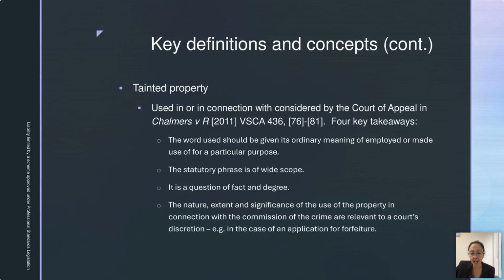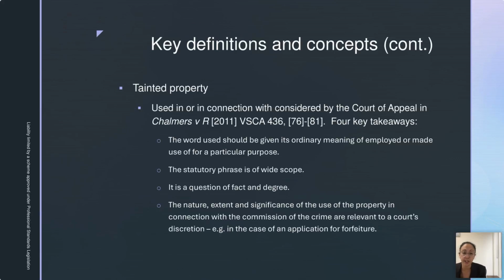In that case of Chalmers, the Court of Appeal talked about the use of a property to discuss a criminal enterprise, a meeting between people at a home, and then the carrying out of that enterprise later, whether or not that attracts the tainted property, and then the use of the property, a beam in the property to hang a person.